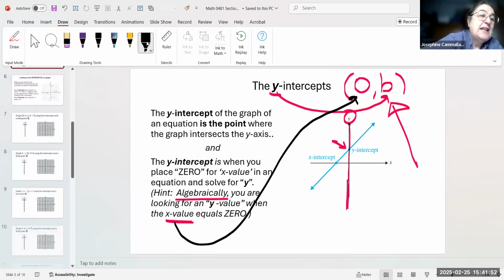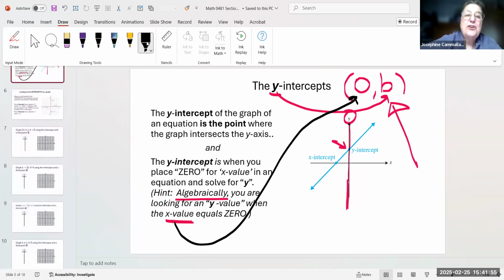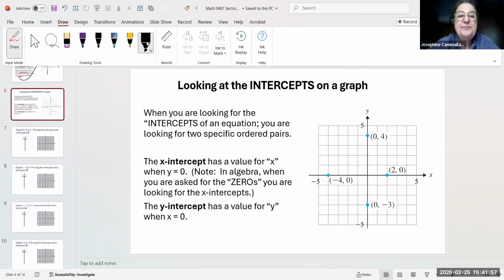Now, with that said, let's look at a couple. When you are looking for intercepts, you're looking for 2 specific points. Now, this is the y-intercept.